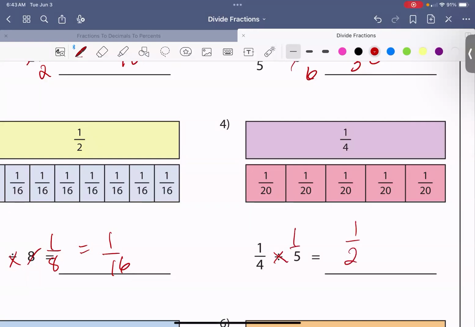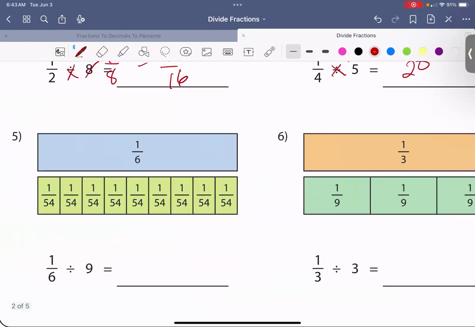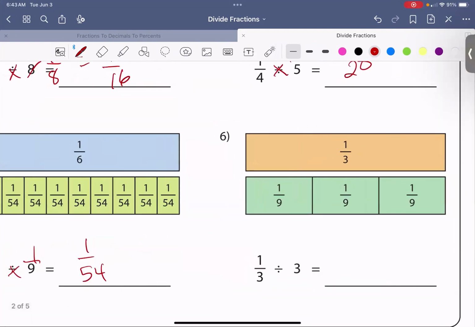That gives us 1/20. 1/6 divided by 9 becomes 1/6 times 1/9, which gives us 1/54. And 1/3 divided by 3 becomes 1/3 times 1/3, which becomes 1/9.